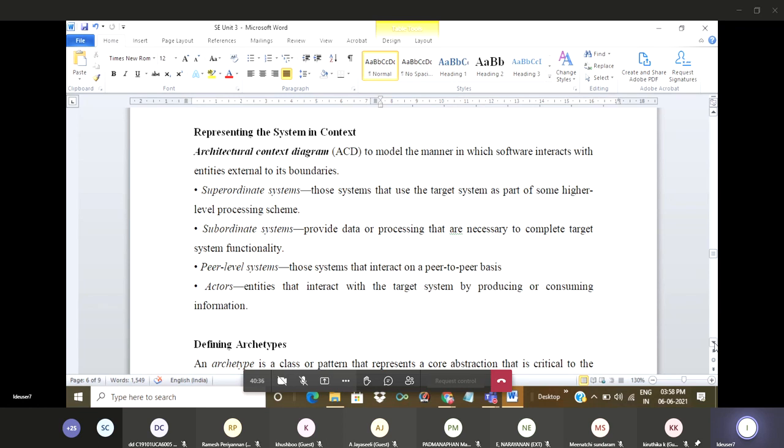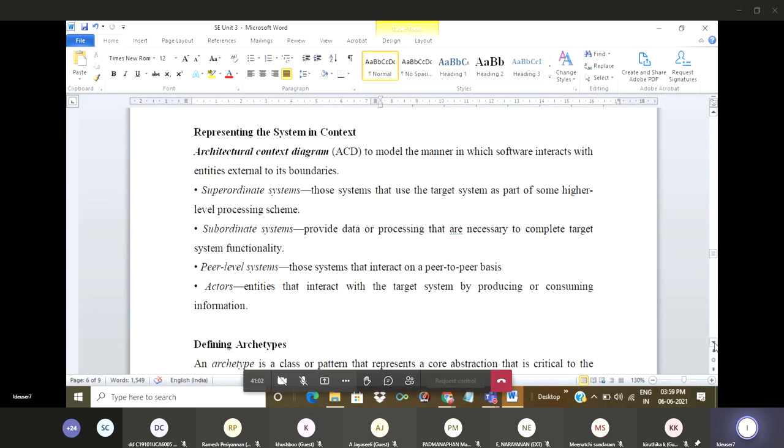Second one is superordinate systems: the systems that use the target system as part of some higher level processing scheme. So we have superordinate systems, which focus on the higher level processing, and subordinate systems, which focus only on the targeted system.